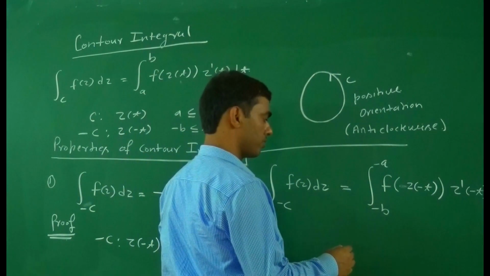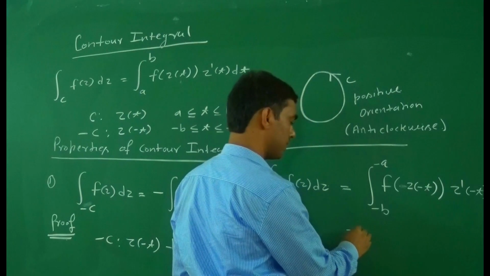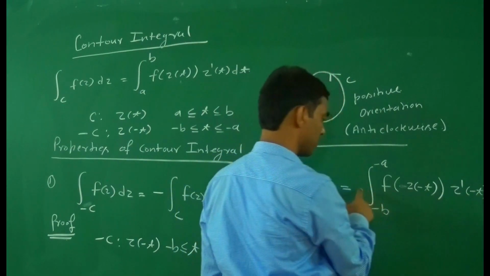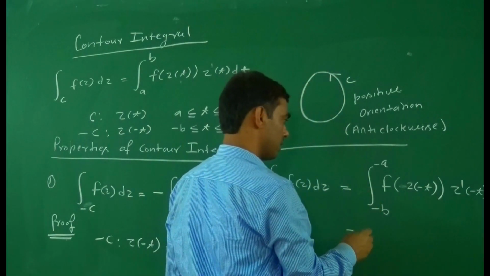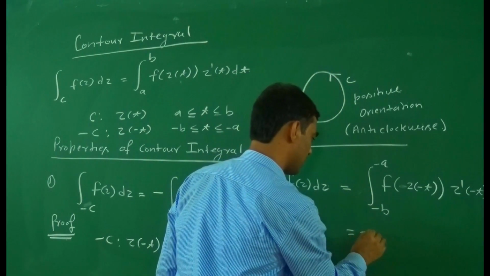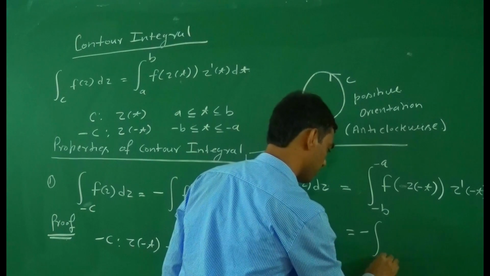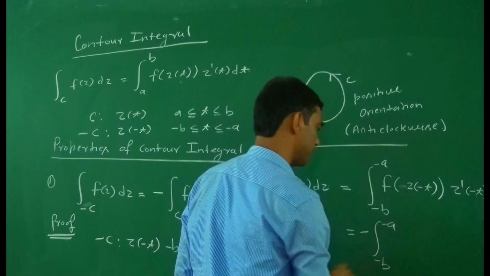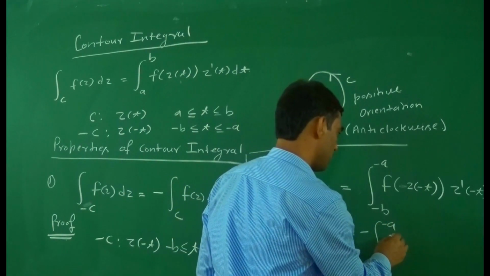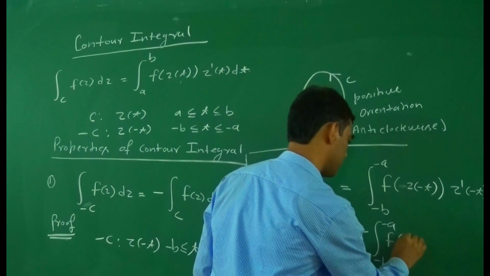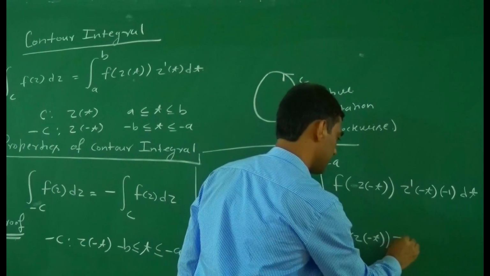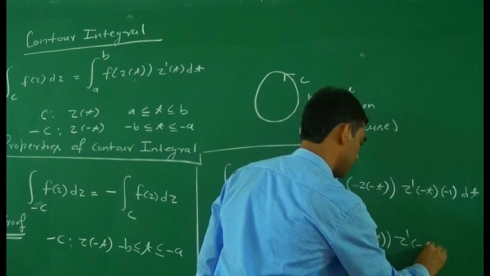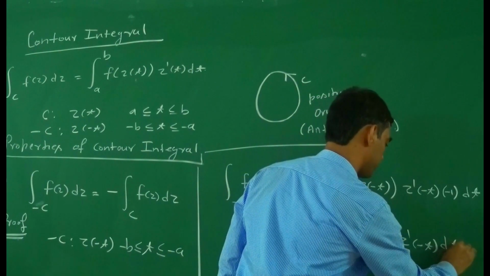If we simplify, the minus comes outside, so this becomes minus the integral from -b to -a of f(z(-t)) z'(-t) dt.